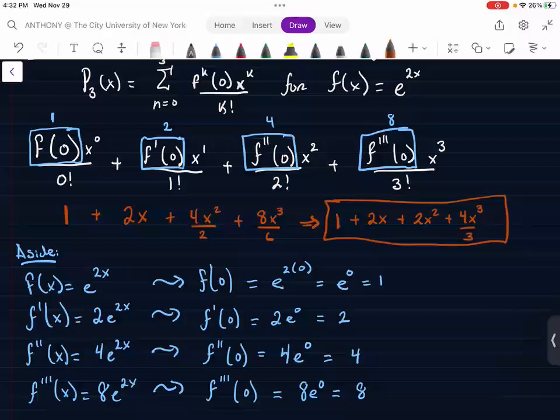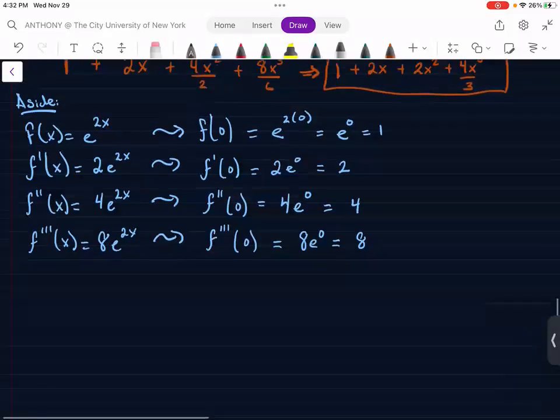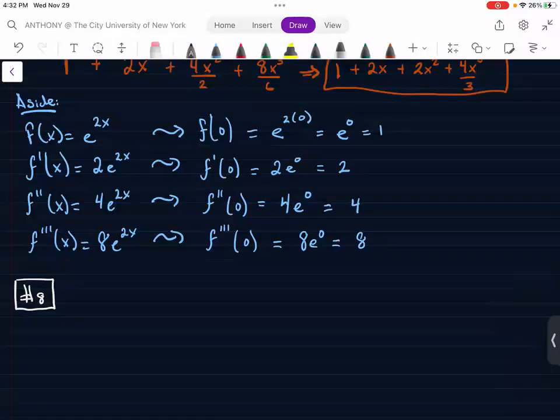Your other example, problem number 8, follows from this example, right? So it's okay if I go on to problem 8. In problem 8, you want to write basically the 4th degree Maclaurin polynomial for this function.